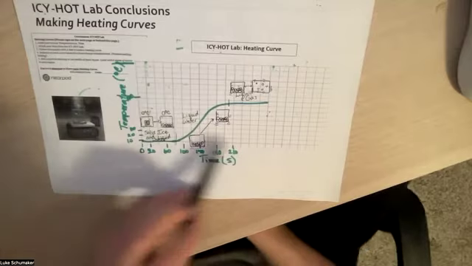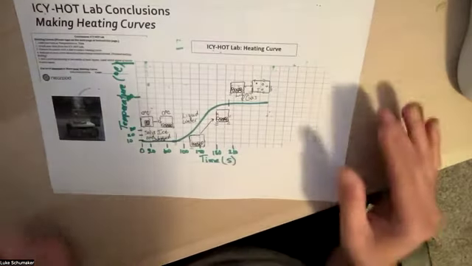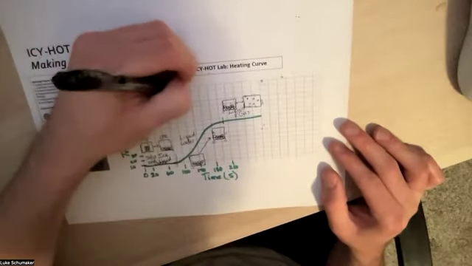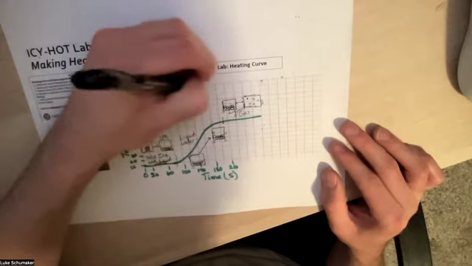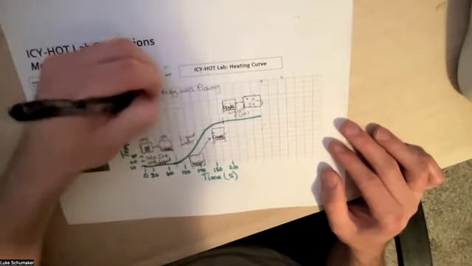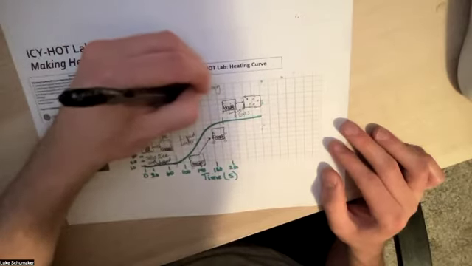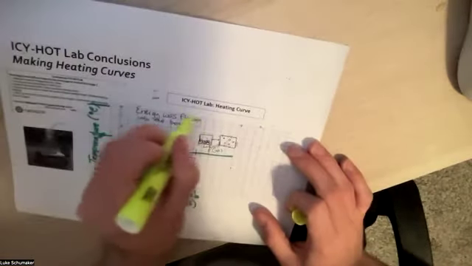Now the last point we talked about is, what is the deal with these flat regions? It's because we know that the ice sitting on the hot plate had energy flowing in the whole time, flowing into the beaker. I'll just put that because that is an important point.